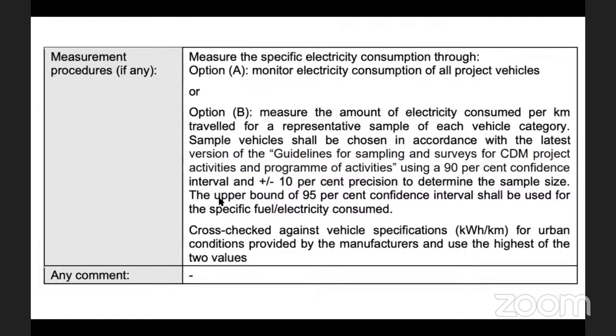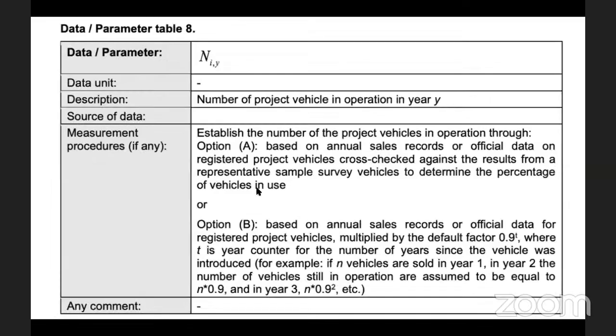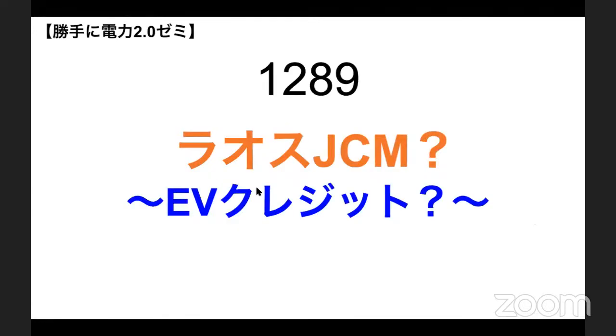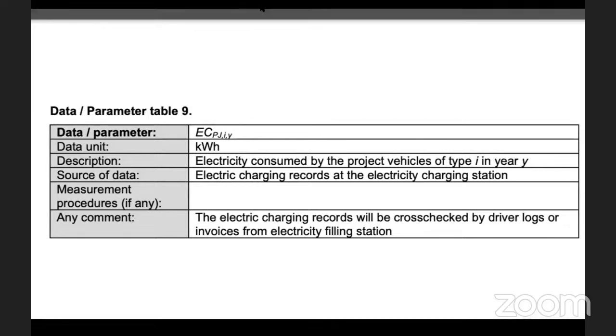The upper bound of 95% confidence interval shall be used for the specific electricity consumed, cross-checked against the vehicle's specification in kilowatt hours per kilometer for urban conditions provided by the manufacturer, and use the highest of the two values. Various other measurements come up as well. Methodologies and CDM are set internationally in many ways, so we need to think about how to apply them.